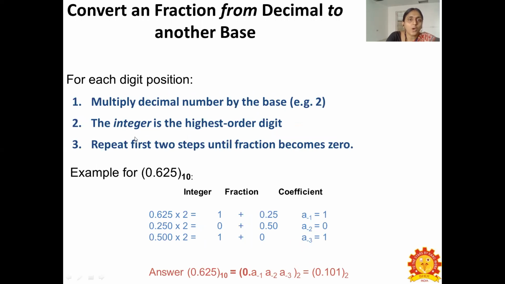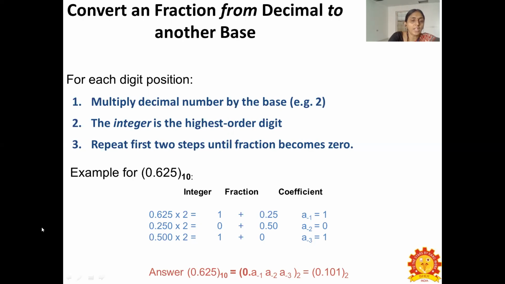And now we will see how to convert a fraction from decimal to another base. For each digit position, multiply the given decimal number by the base, 2 for binary. The integer part is the highest order digit. And we have to repeat the first two steps until the fraction value becomes 0.